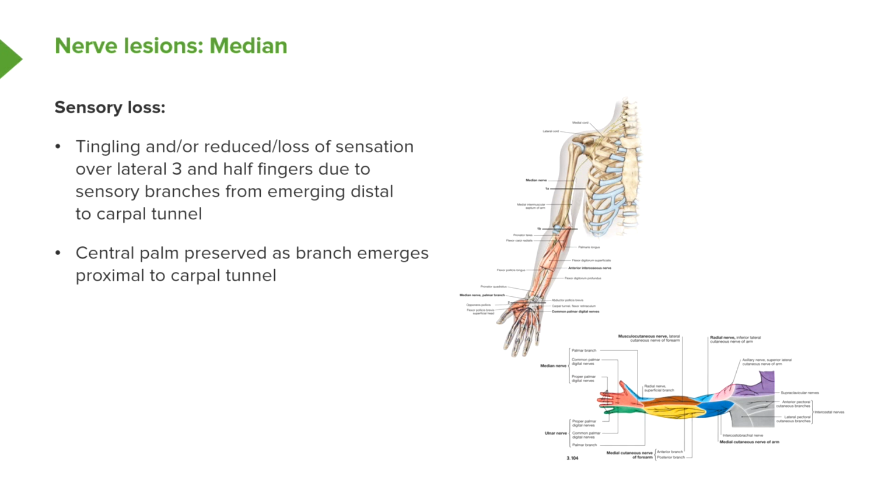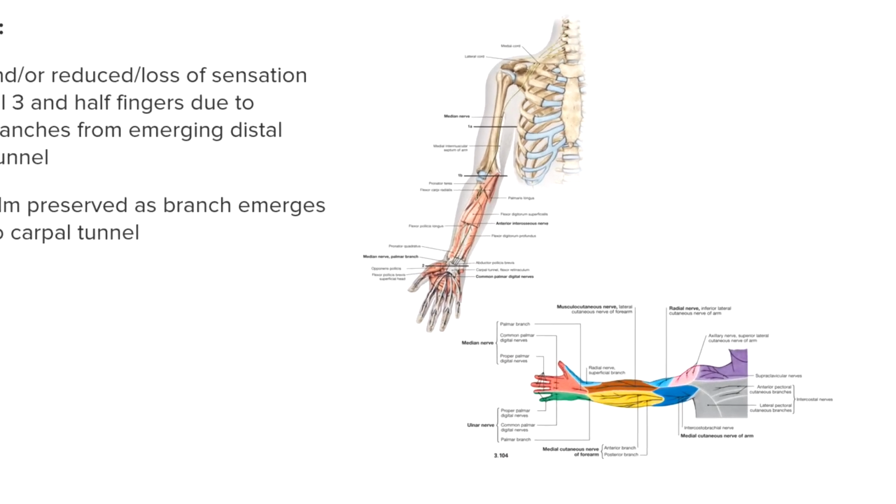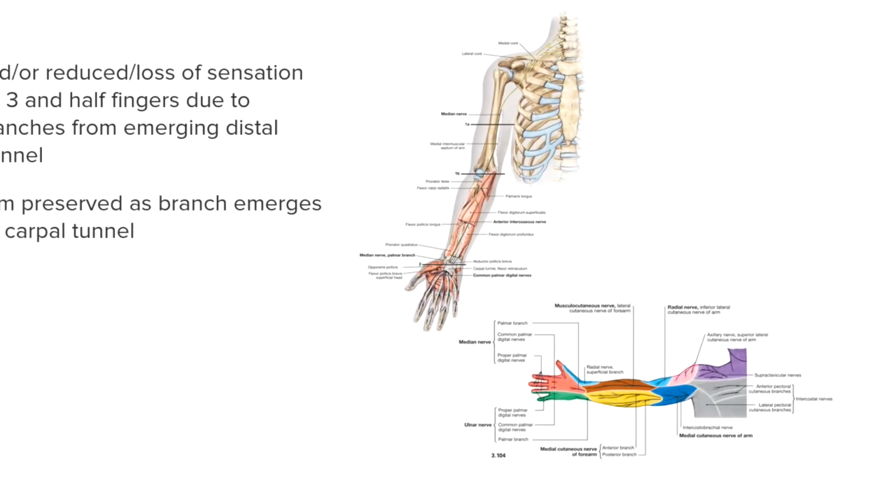Sensory loss: you'll have tingling or reduced sensation over the lateral 3.5 fingers. We can see that here. Sensory loss over fingers 1, 2, 3, and the lateral surface of finger 4, due to sensory branches from the median nerve emerging distal to the carpal tunnel. These sensory branches supplying these fingers come off once it's past the carpal tunnel, so they will be damaged and you'll have that tingling, reduced sensation.